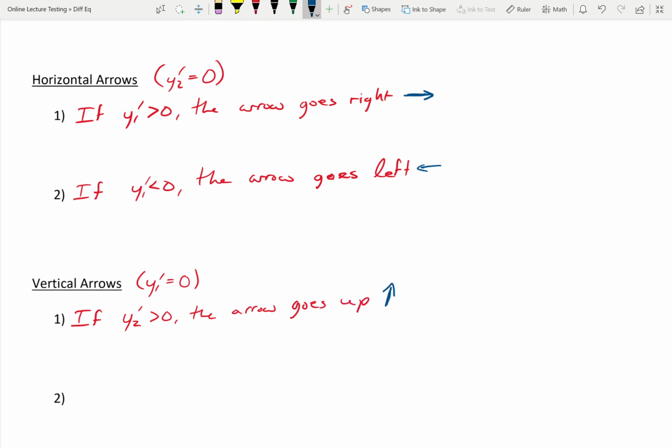Notice that it has an indeterminate slope. And if y2 prime is negative, the arrow goes down.